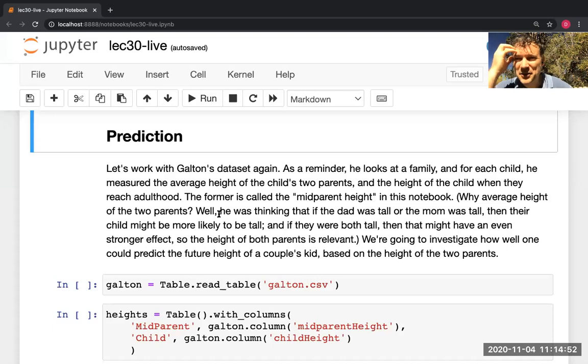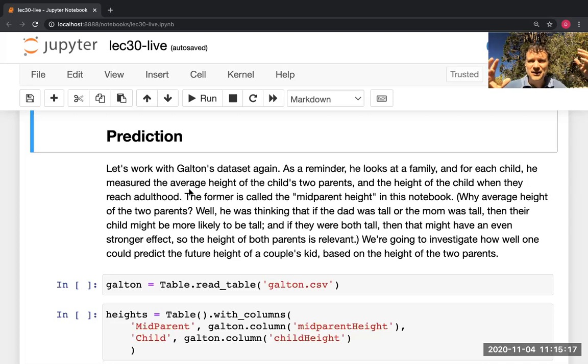He wanted to know what the association was between the height of the parents of a kid and the eventual height of that kid when they grow up to be an adult. Like, I'm kind of tall, but not super tall. How tall is my kid going to be? Galton's idea was that the heights of the parents would probably be useful for predicting the height of the kid. That makes a lot of sense.